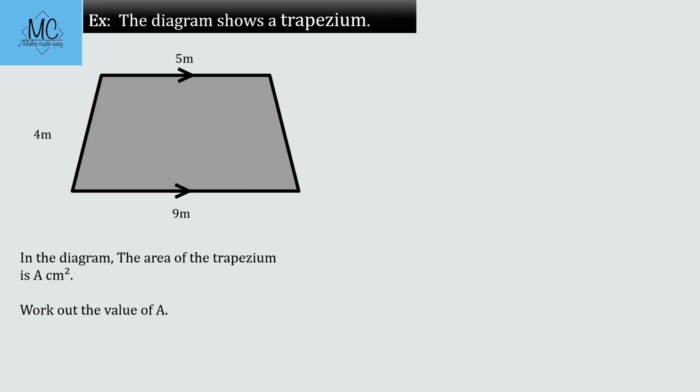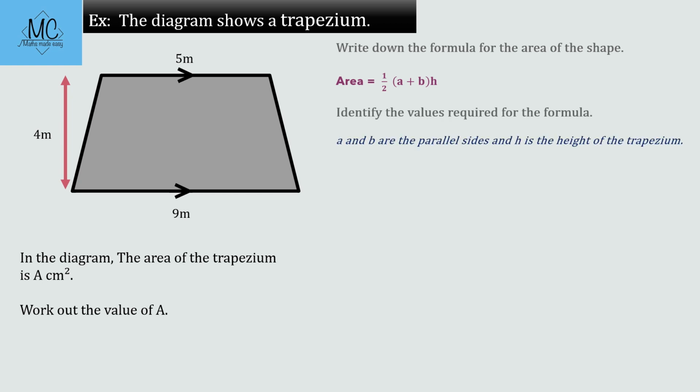Now another example about the trapezium. So trapezium, again the answer they are asking in meter square. Okay, so you know this is my height, which is 4 meters. So write down the formula, half times a plus b times height. Now identify the values.